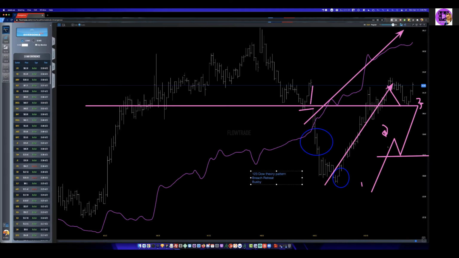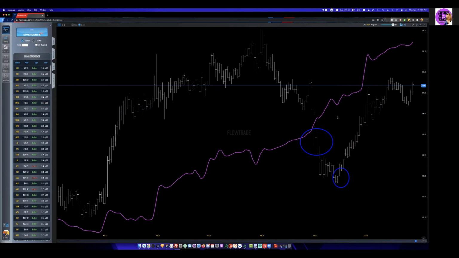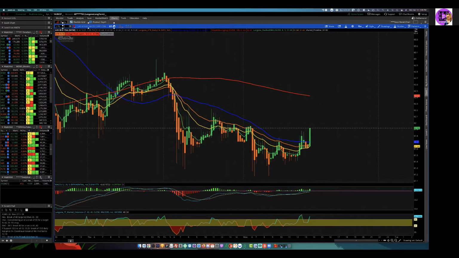I call it a money pattern because that's what happens when you see it. All right. Let me clear these out of here. And then let's pull up EA. Clear house.